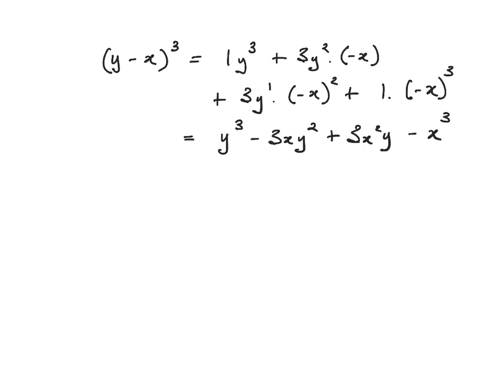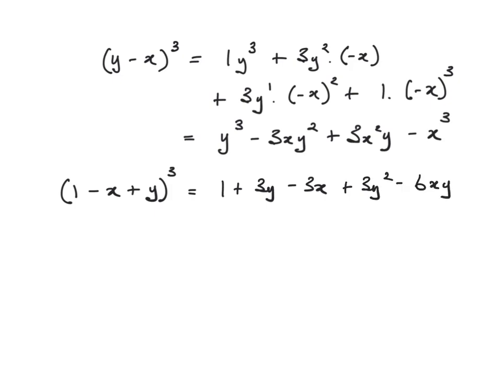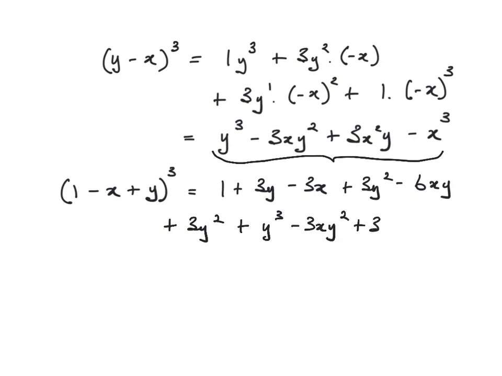So if we go back to our original, 1 minus x plus y to the power of 3 equals 1 plus 3y minus 3x, plus 3y squared minus 6xy, plus 3y squared, plus all of these terms here: y cubed minus 3xy squared plus 3x squared y minus x cubed.